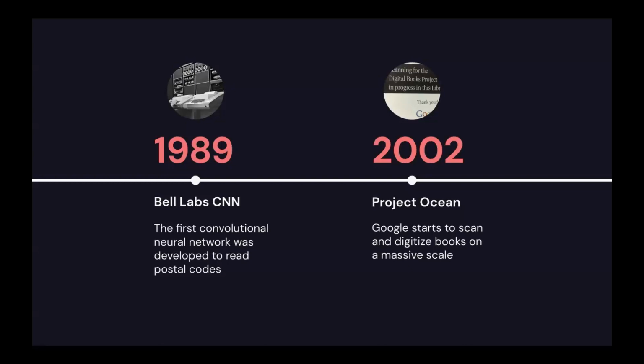It's quite a big gap until the next big event here. But in 2002, Google started what they call Project Ocean, an initiative to scan and digitalize books en masse to make them accessible on the internet through Google Books, searchable, and to make that information available to more people.